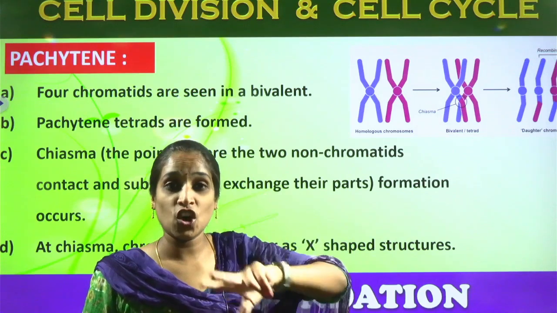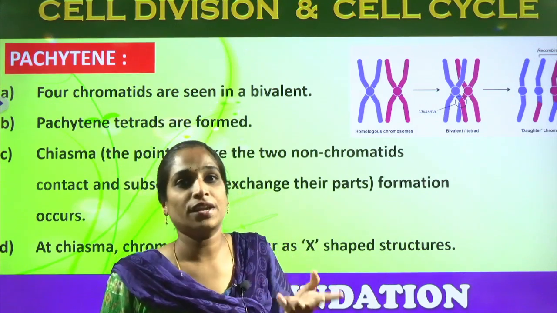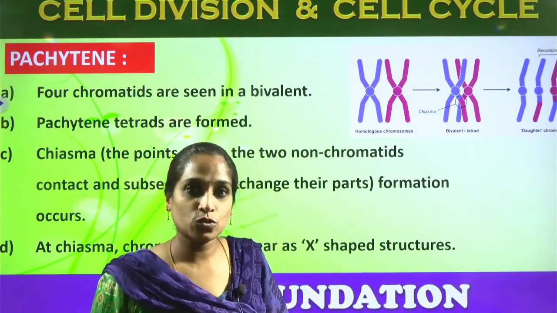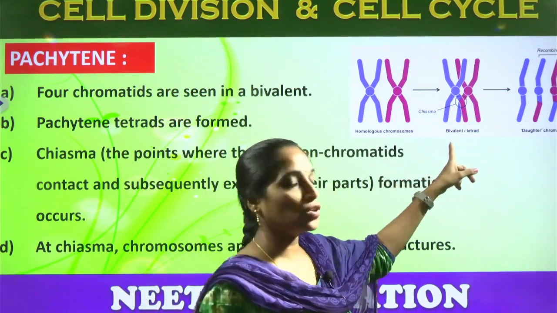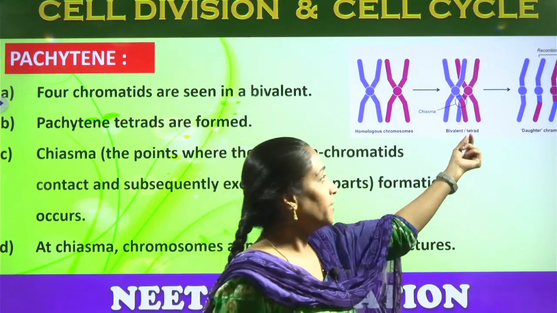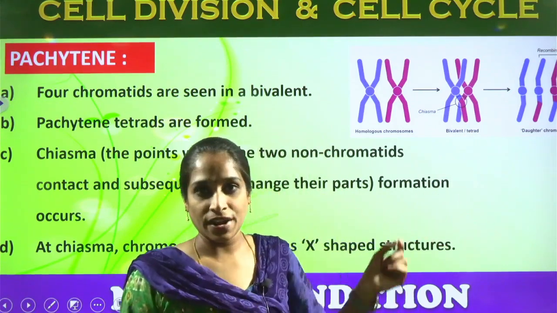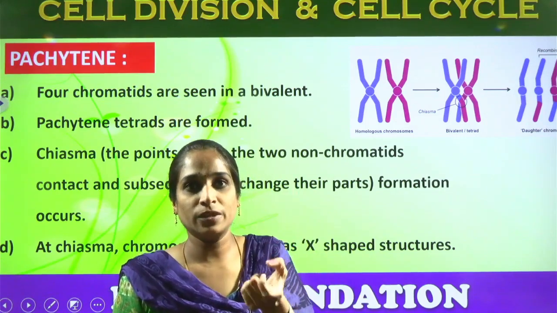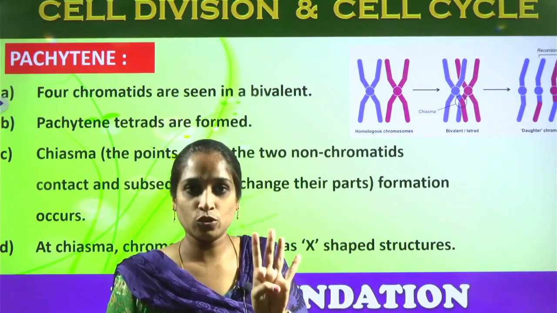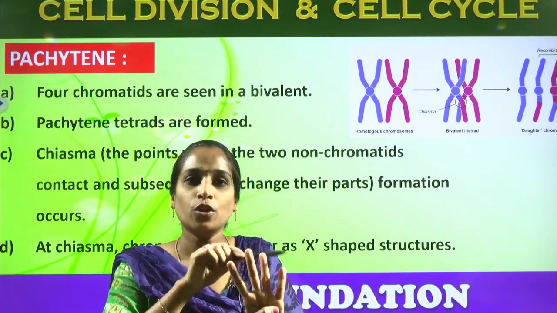Bivalent means the non-sister chromatids, the chromatids of non-related homologous chromosomes, meet at one particular point, which is called a bivalent, and it forms a tetrad. So the genes will be moved, but at the terminal regions the chromosome sets will be 4 chromatids.